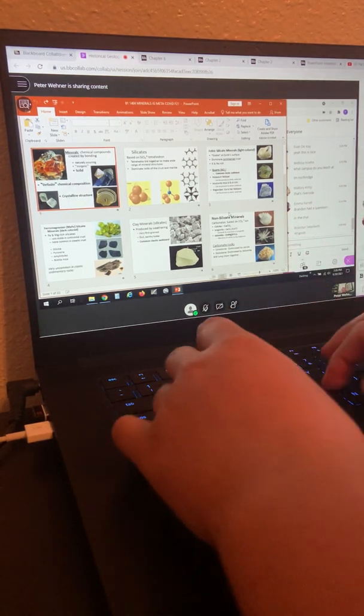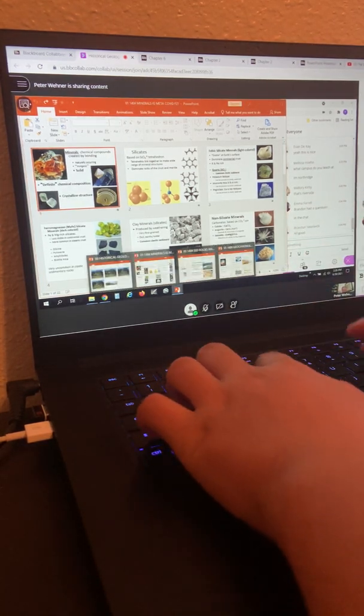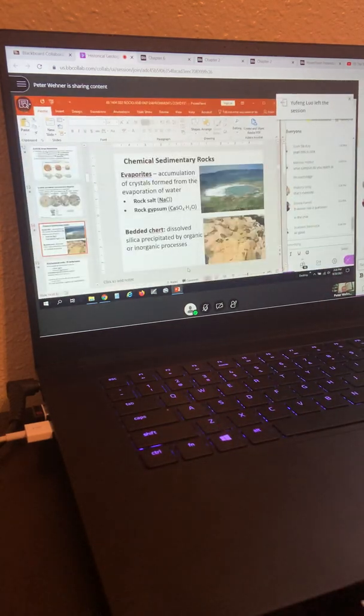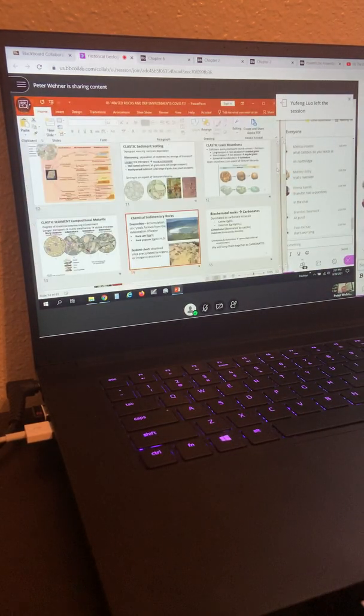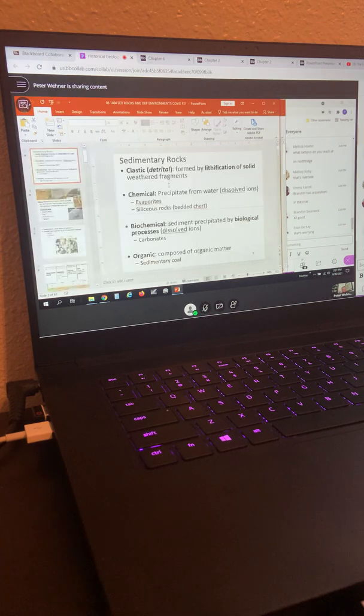But the way I'm going to expect you to deal with sedimentary rocks is this way. You're right, that's why igneous rocks are so much better. There you go, clastics, chemicals, biochemicals, and organics. And organic is easy. There's only one, coal.